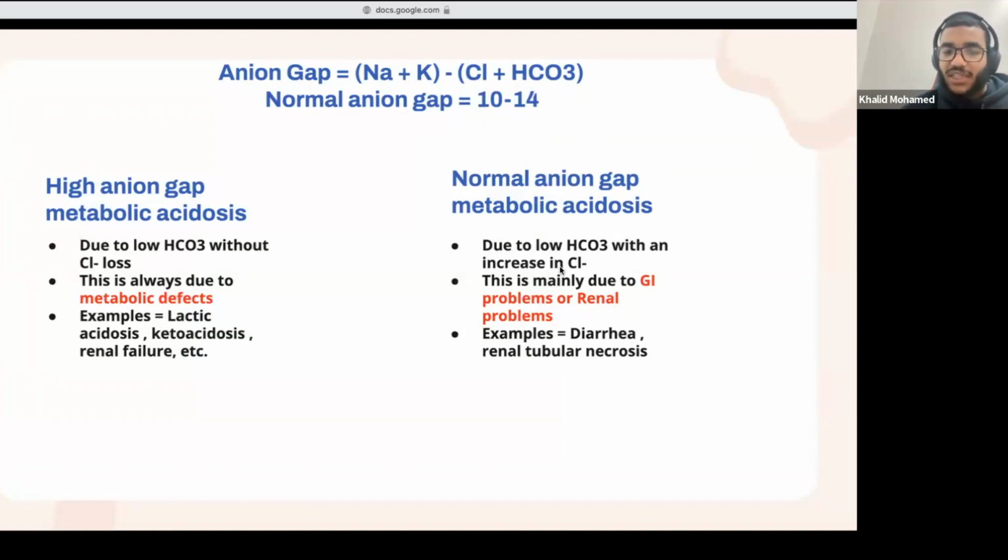Now you don't know exactly how there's an increase in Cl minus in these conditions, okay? But you just have to know that in normal anion gap metabolic acidosis, the main thing is that it's due to GI and renal problems mainly, and you'll have a normal anion gap because Cl minus compensates for HCO3. Okay, and examples of these would be diarrhea and renal tubular acidosis. Okay, clear everyone?